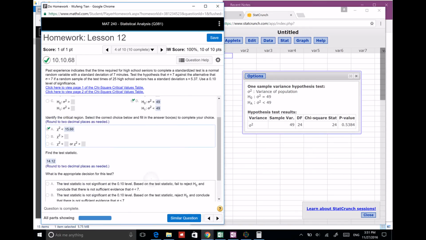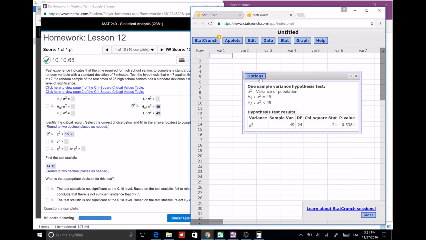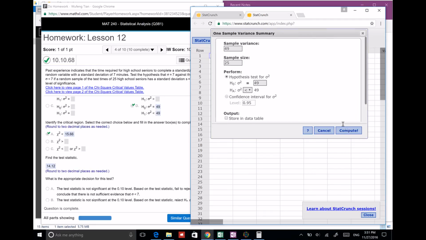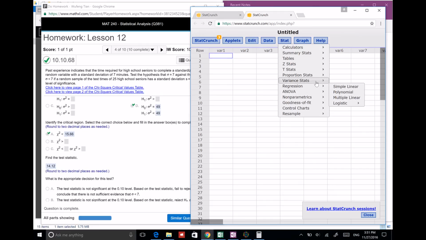Oh, my bad, I think I made a mistake. Okay, what do I do? Stat, variance, two sample actually.